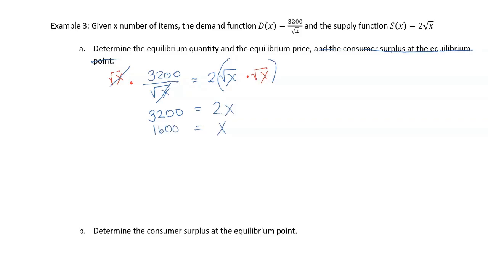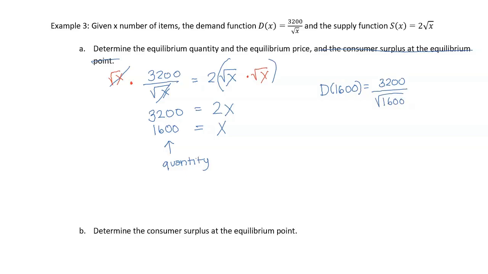So X equals 1,600. This is going to be the quantity. The question says to find the quantity and the price. To find the price, all I have to do is plug this 1,600 into either function. So D of 1,600 equals 3,200 all over square root of 1,600.